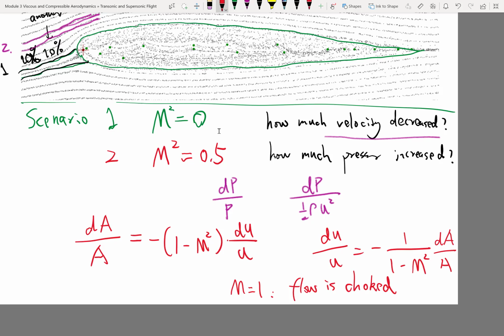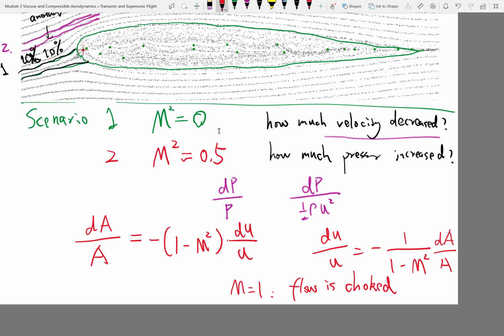But how about the other case, when the flow further accelerates to supersonic speed? That means downstream du over u is still positive, but 1 over M squared is now negative. So how about the entire right-hand side? Still positive, no matter what.